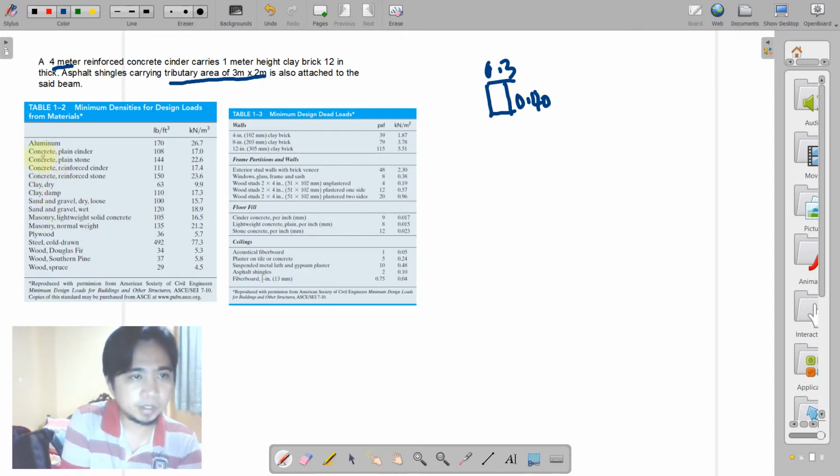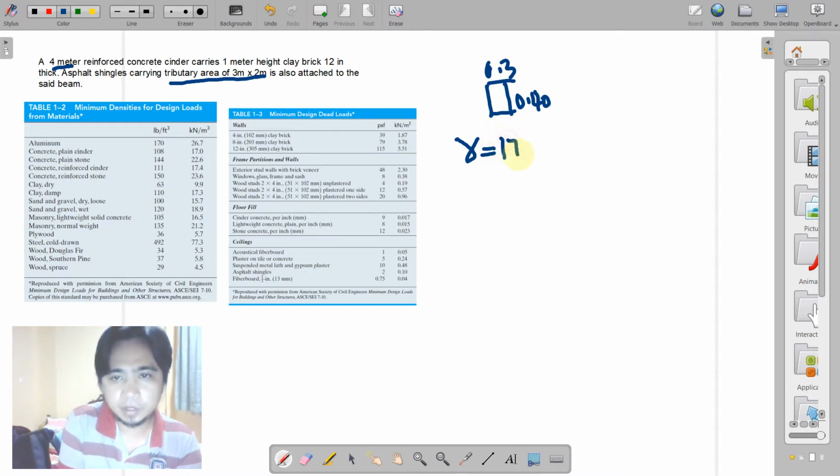We can see here that the plain concrete or reinforced concrete is equivalent to how many? 17.4. So we're going to use gamma equal to 17.4 kilonewton per cubic meter.